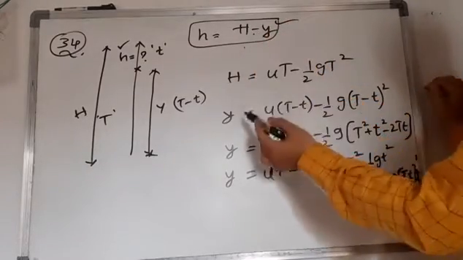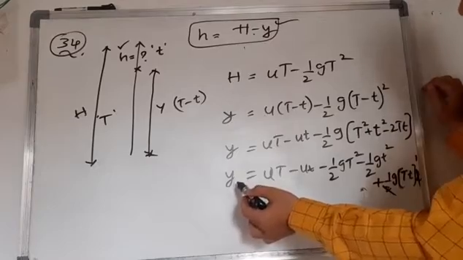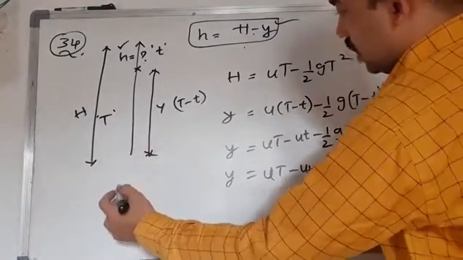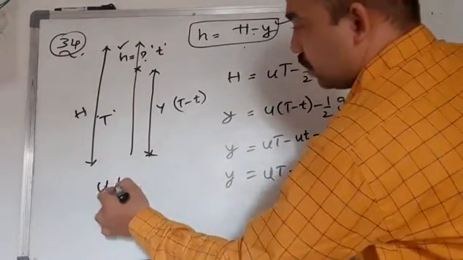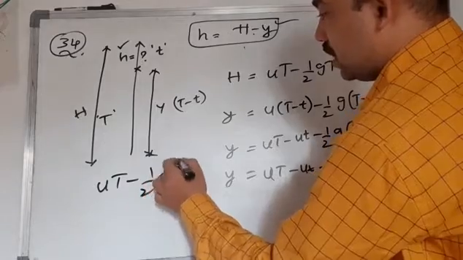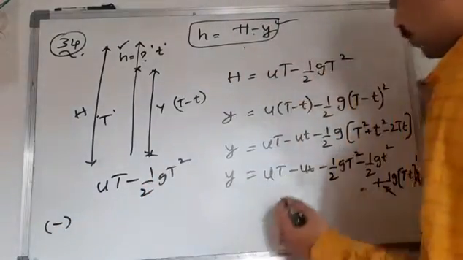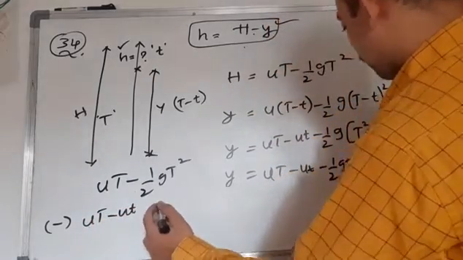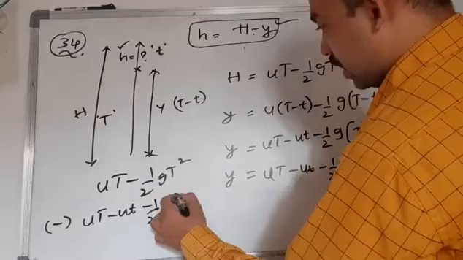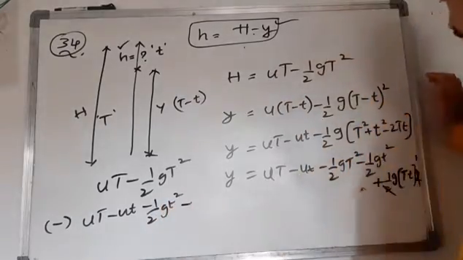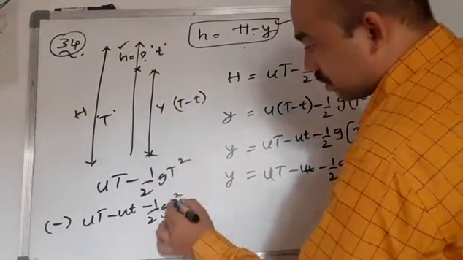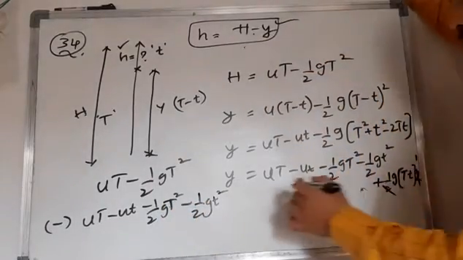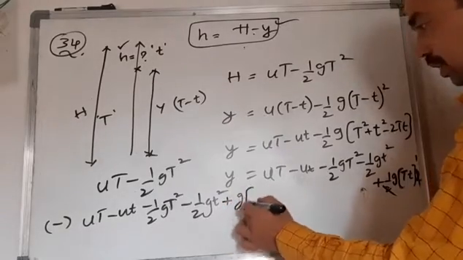So now what should we do? H minus y we should do, this minus this. So first write down the H equation: u T minus half g T square, minus u T minus small t minus half g T square minus capital T square, small t square, and next you will get plus g T t.